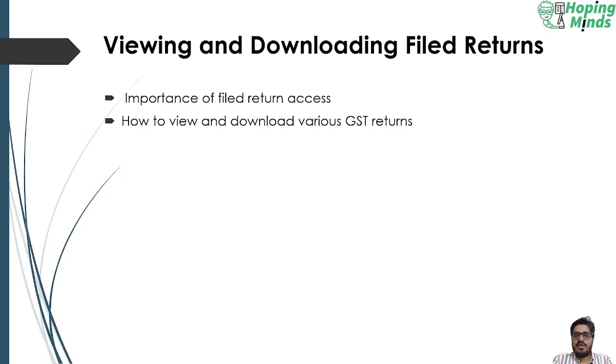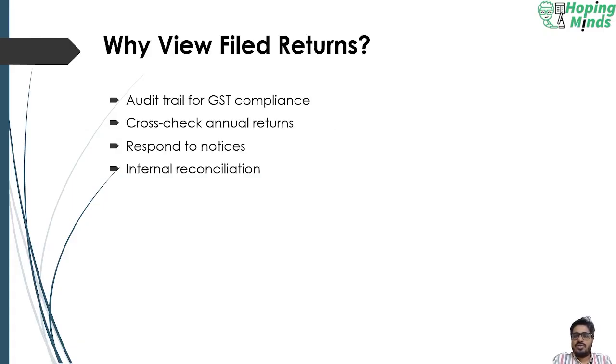So let us now proceed with today's topic, that is viewing and downloading of file returns from the GST portal. In this topic, we are going to know about how to access different type of file returns, then how to download the summaries and full returns, and how to retrieve PDF and Excel version of file returns.